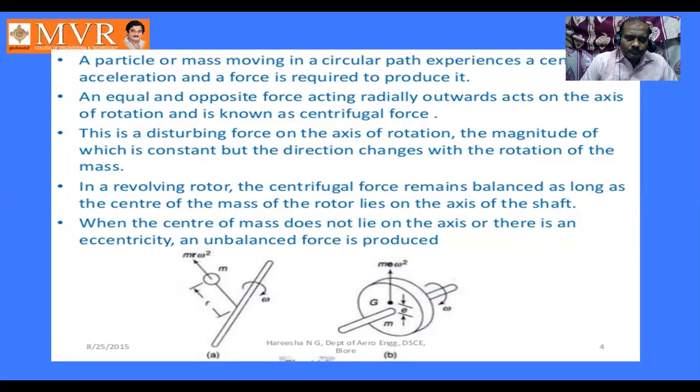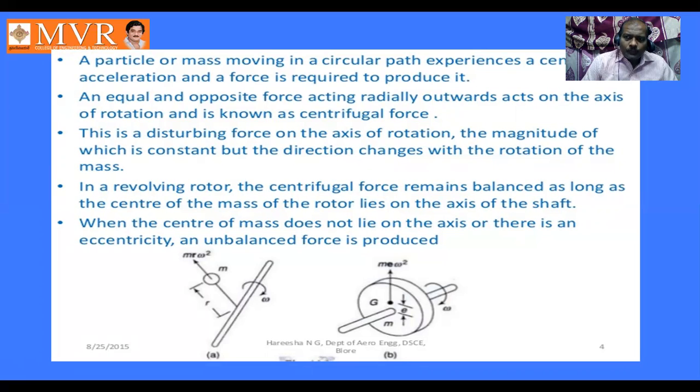If any object is rotating on an axis, it tries to expel from its axis. A force acting towards the center is called a centripetal force. A force acting away from the center is called a centrifugal force.